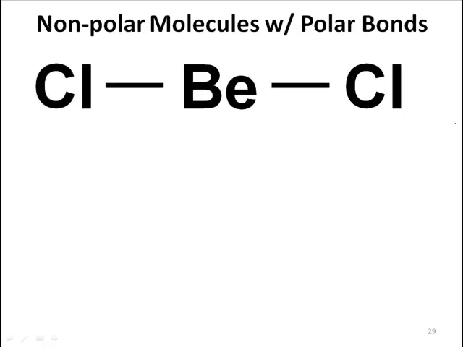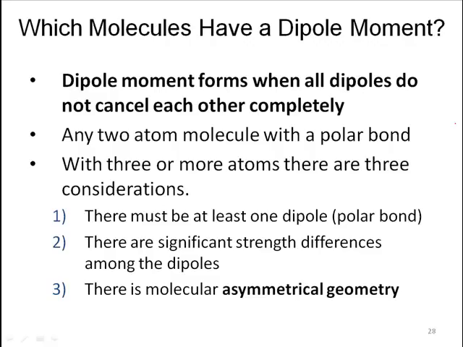What do you mean by significant strength differences among the dipoles? If you have multiple atoms around a single central atom, and you have different elements around it that have different dipoles, then you're going to have significant strength differences. So if the atoms aren't all the same around the outside, you could have differences in polarity in the bonds, and that will change it.